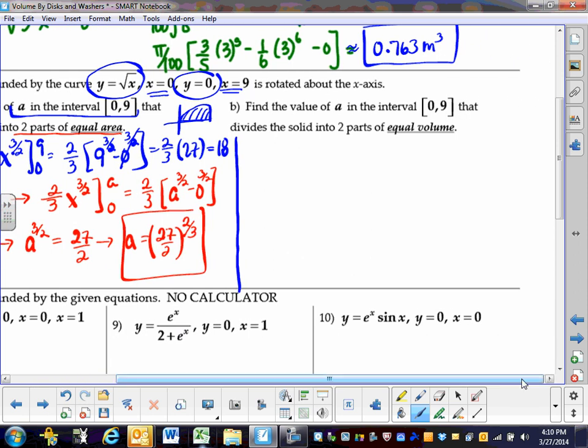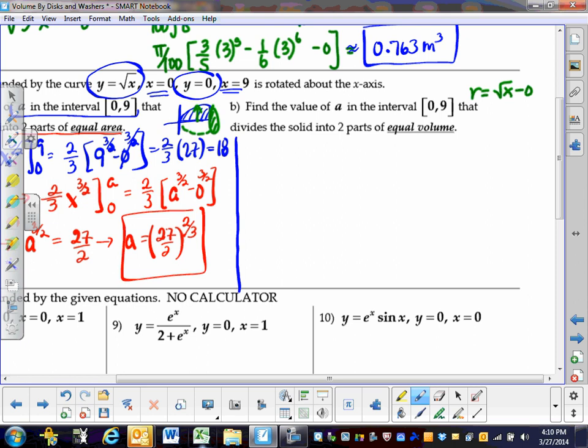Okay. That's different than finding the volume. So we have the same shaded area, but the volume is the rotation around the x-axis, makes like an acorn. And the radius is the height, root x minus 0. So if we find the total volume, it would be pi from 0 to 9, the radius squared dx.